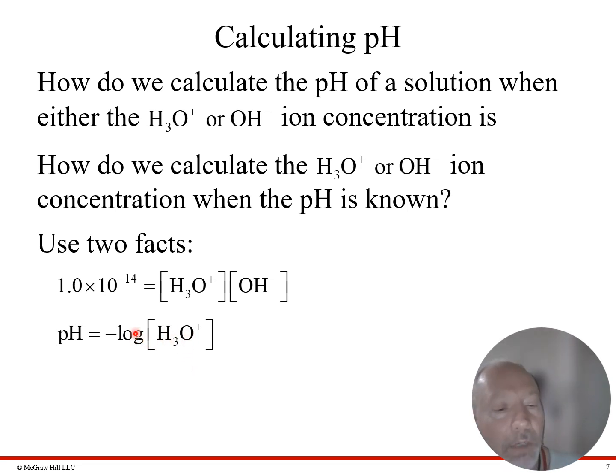We'll get a negative number, and we multiply that by negative 1, and we will get the pH value on our scale. The lower the value, the higher the hydronium concentration, right? A pH of 1 has a higher hydronium concentration than a pH of 6, which has less acid, therefore less hydronium concentration.